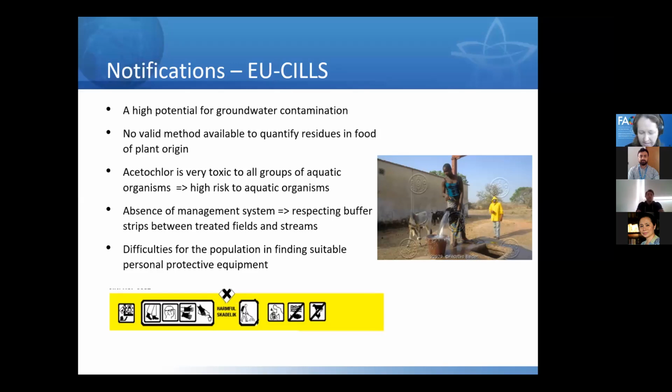And as these precaution measures are not possible in the Sahel, it was considered that the use of acetochlor entails an unacceptable risk to human health and the environment. Furthermore, there are difficulties for the population, especially in the CS countries, in finding suitable personal protective equipment, which is recommended for the use of acetochlor, and down here you see a label of acetochlor.